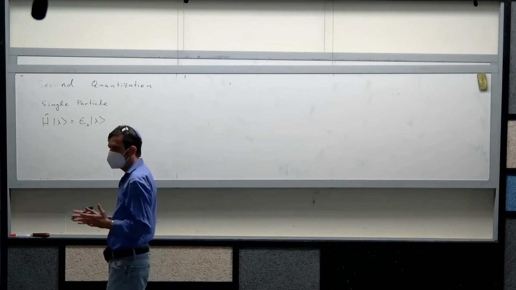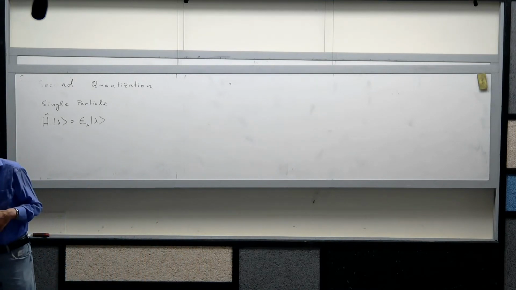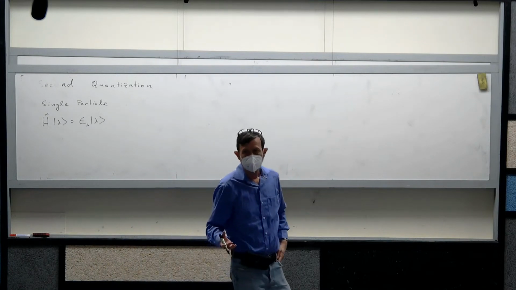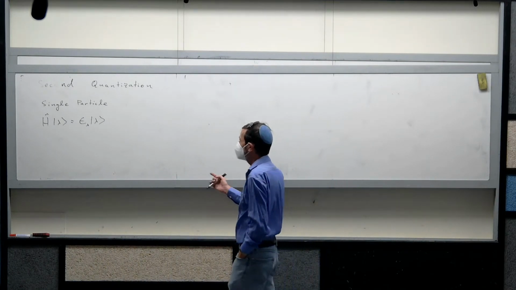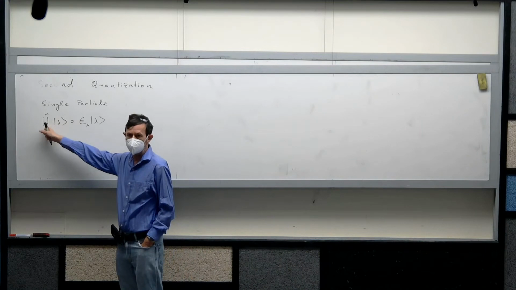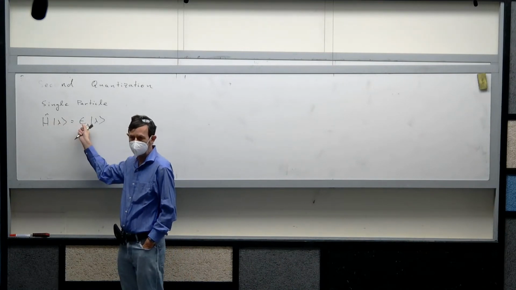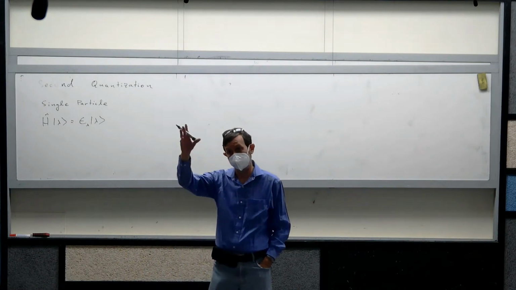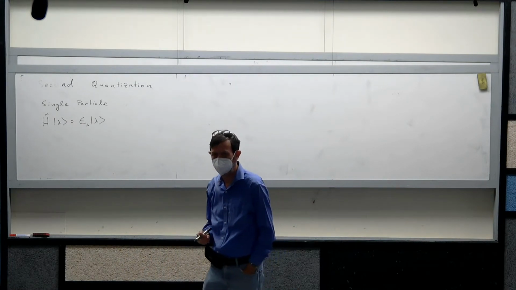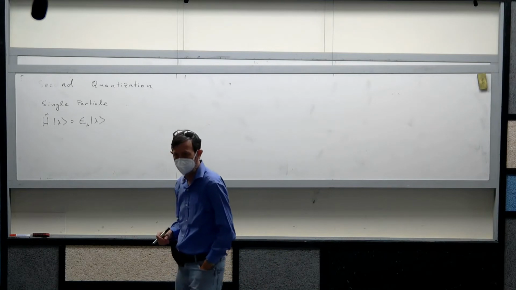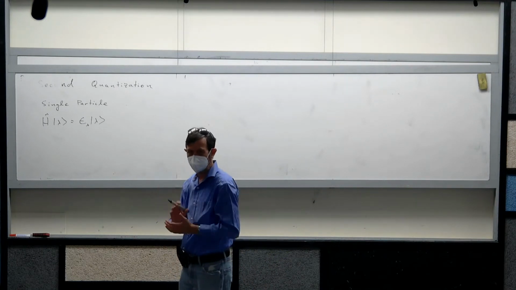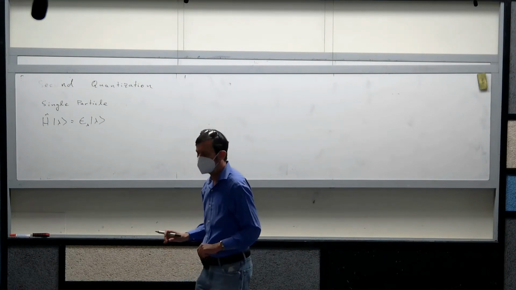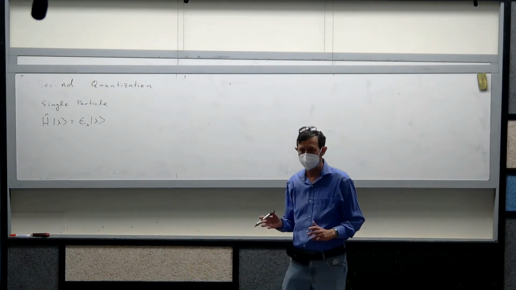Okay, so what am I supposed to do? Well, simple. Each particle sees this. If it were a single particle, it would sit at a given eigenvector of this problem and have some eigenvalue, and it completely doesn't care what the second guy does.